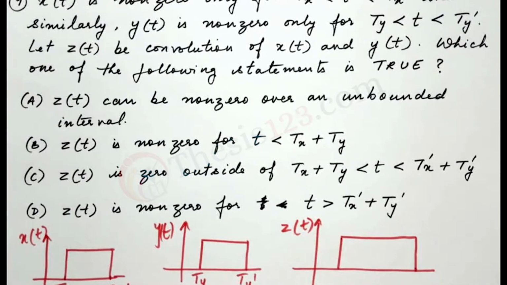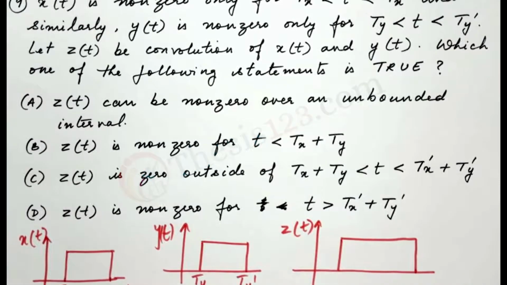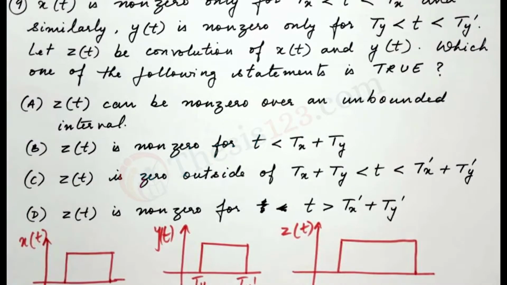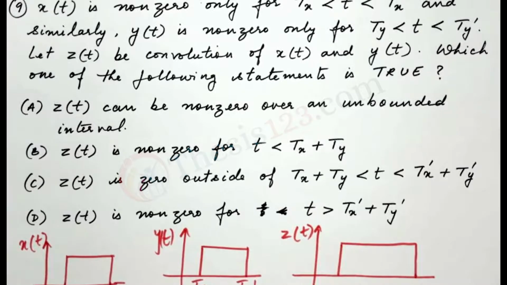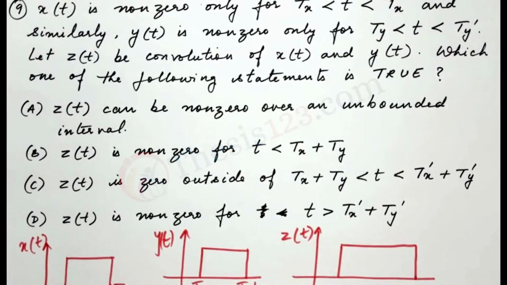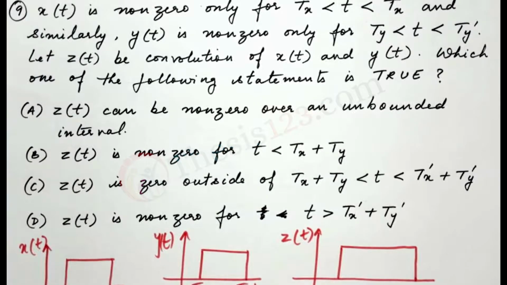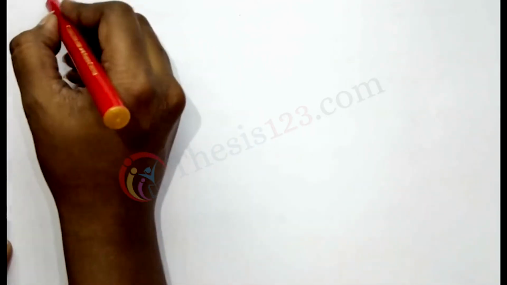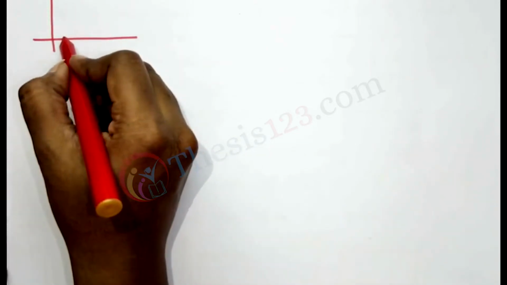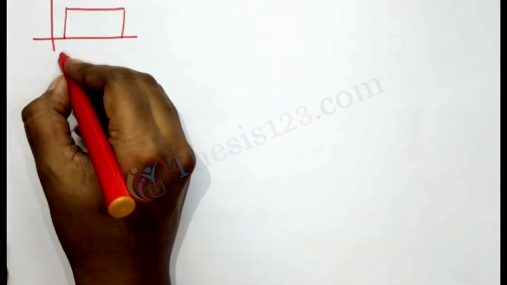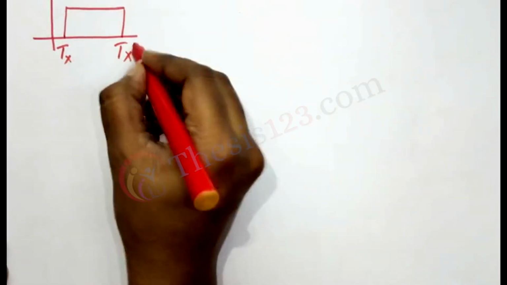Now, you will have to take note over here that the range of z of t would be the sum of the lower limits of x of t and y of t to the sum of the upper limits of x of t and y of t. Let me explain what I mean. I'm going to draw those 2 graphs once again so that it is a little clear. So if we consider this to be the first function x of t, and we have our bounds as tx and tx dash.